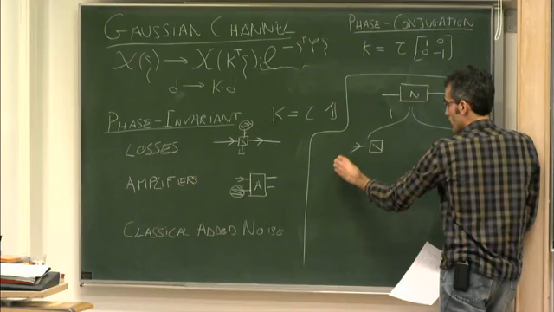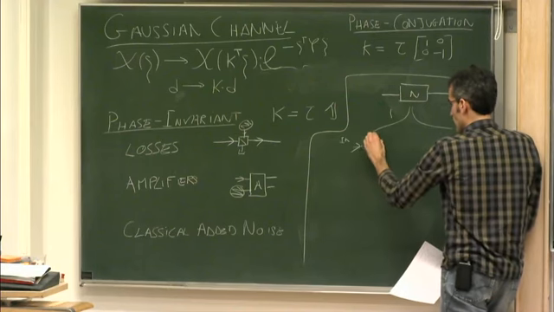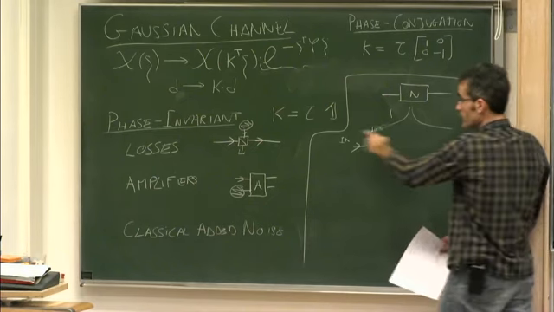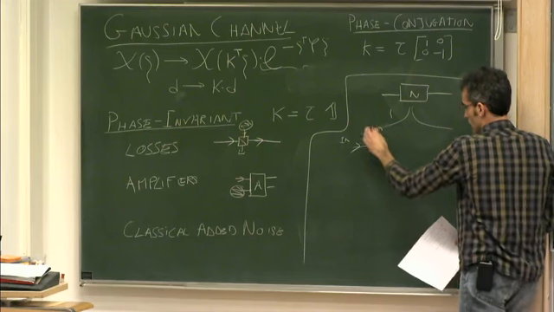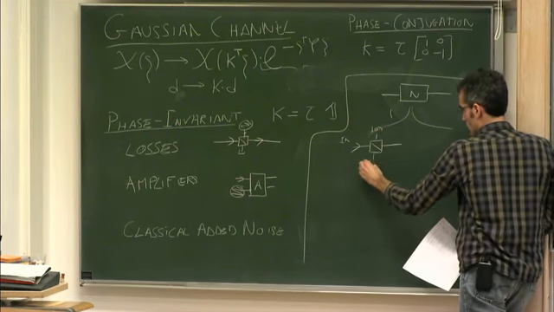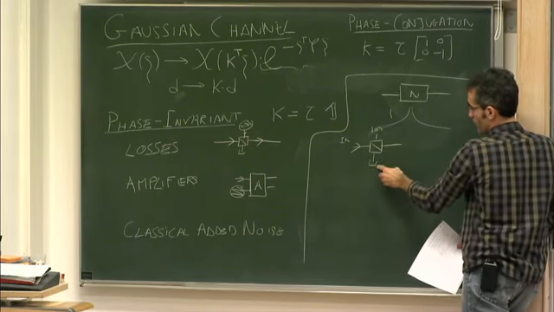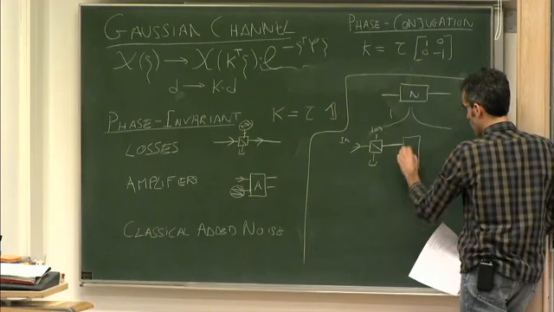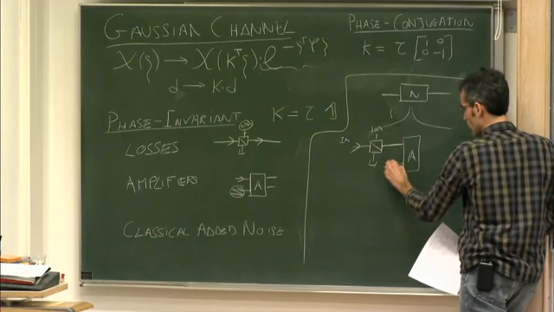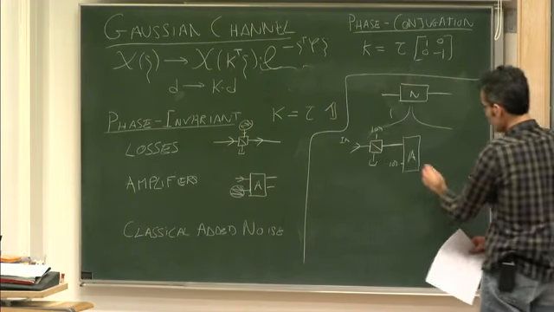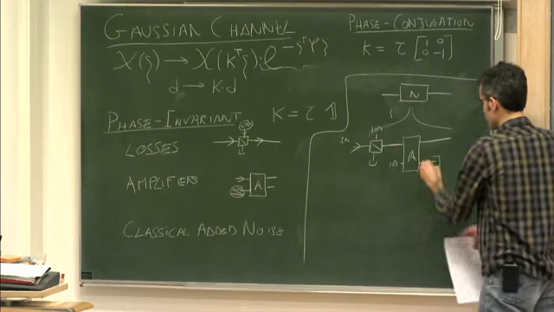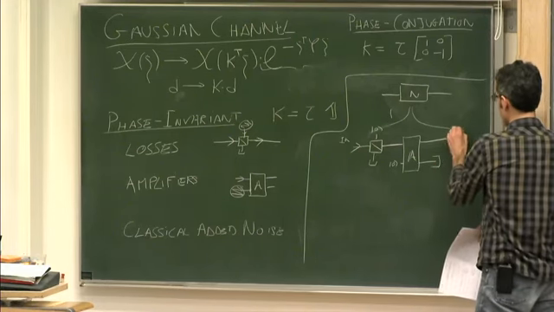You have your input that is now interacting with a vacuum environment, so it's different from before. It's just vacuum. You trace the environmental output. And then this goes through an amplifier that is again in a vacuum input, and then you trace this environment, and this will be the output of the channel.